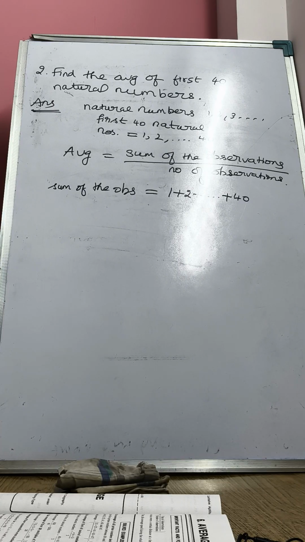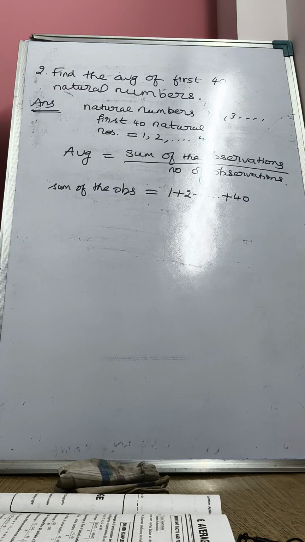Now, here in mathematics, no need to add all the numbers. Sit and add 1 plus 2 plus 3 plus all these, not necessary. For this, you have one formula. If you remember that formula, any big number given to you, you can add the numbers.